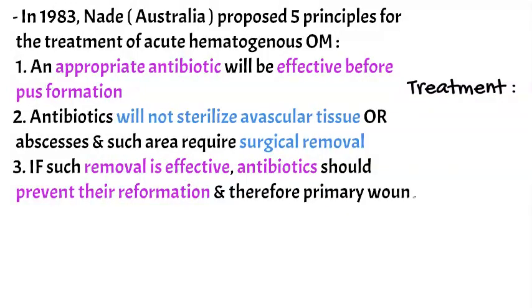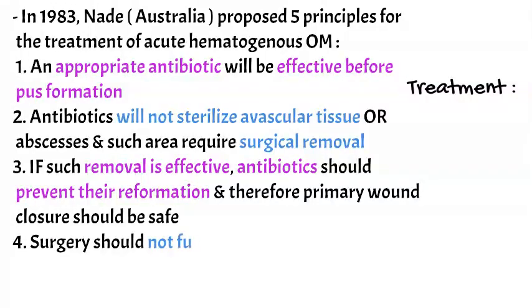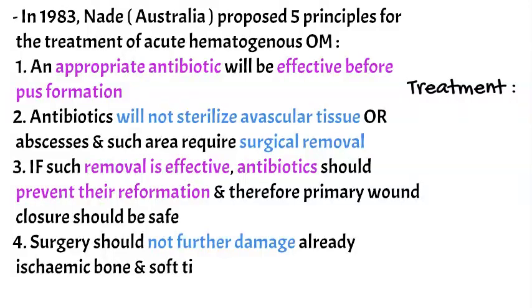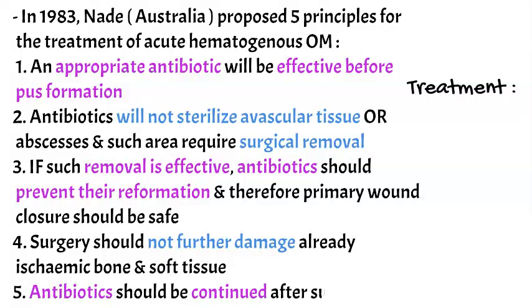Number 3, if such removal is effective, antibiotics should prevent their reformation and therefore primary wound closure should be safe. Number 4, surgery should not further damage already ischemic bone and soft tissue. Finally, number 5, antibiotics should be continued after the surgery.